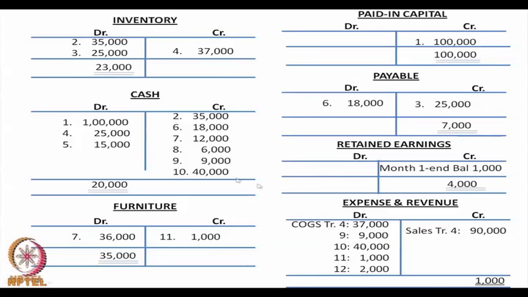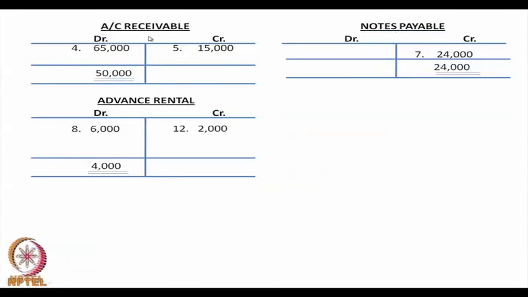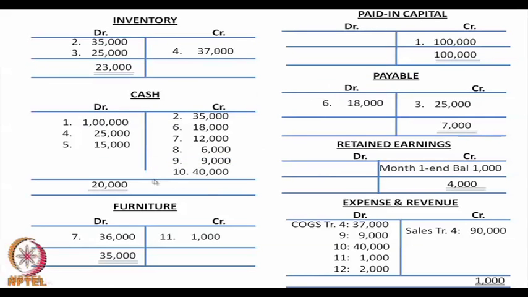So, we show cash increases by 15,000 on account of transaction 5, and accounts receivable reduces on account of transaction 5. So, this will appear in the credit side, accounts receivable being an asset. So, cash also is an asset, it increases, therefore, it is the debit side entry, and you can see that the debit side left hand side and right hand side match.